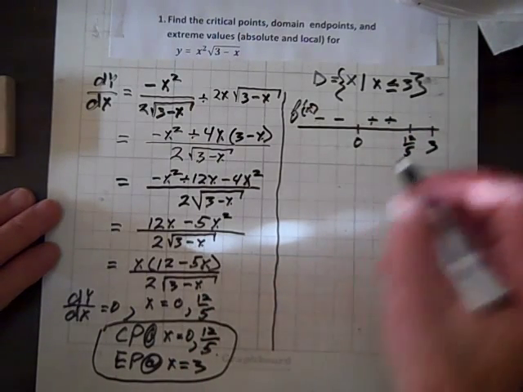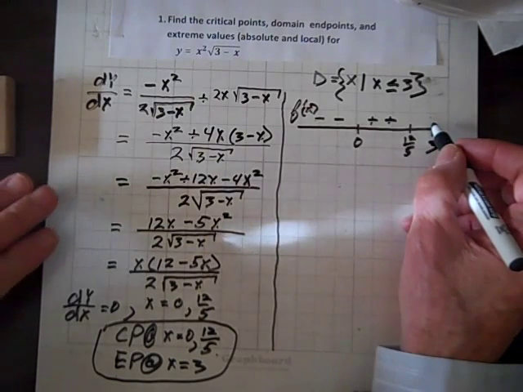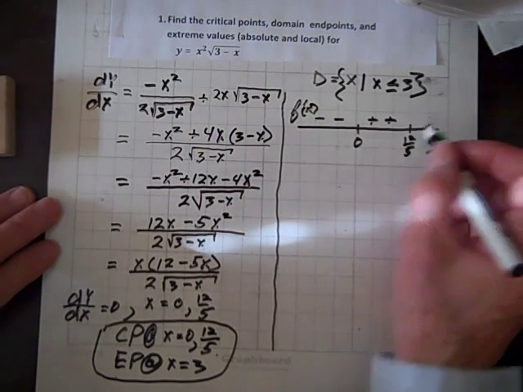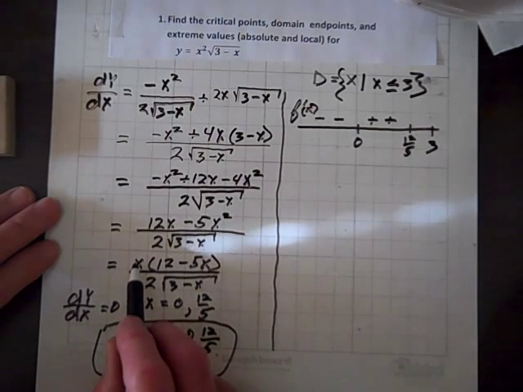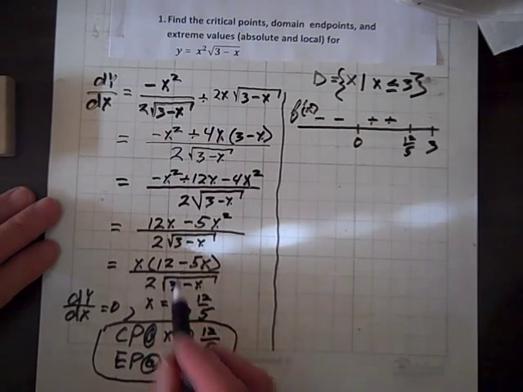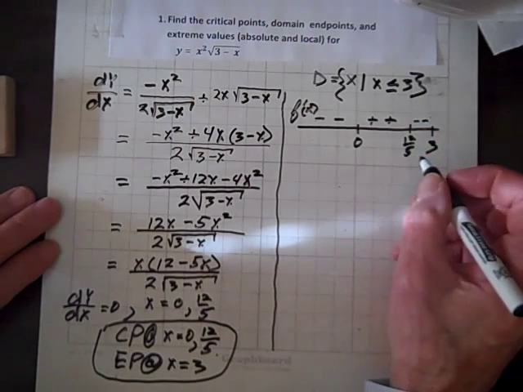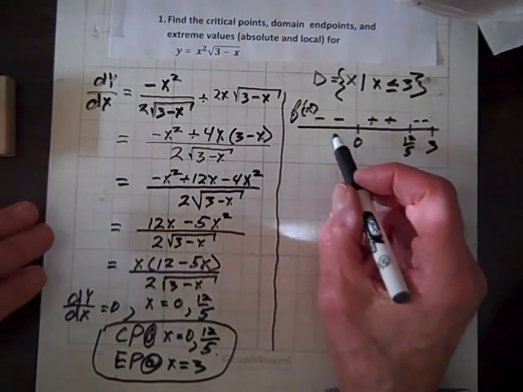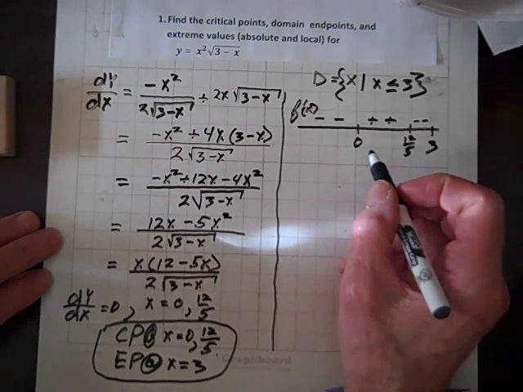Now let's just use the endpoint, since we just need to find a sign, so I'll use 3. If x is 3, then this will be positive, but this will be negative. 12 minus 15 is negative. So now we know whether our slope is positive or negative.